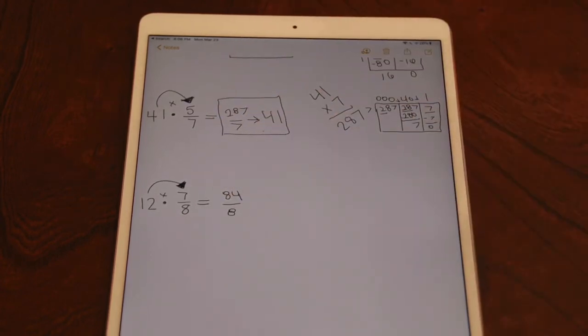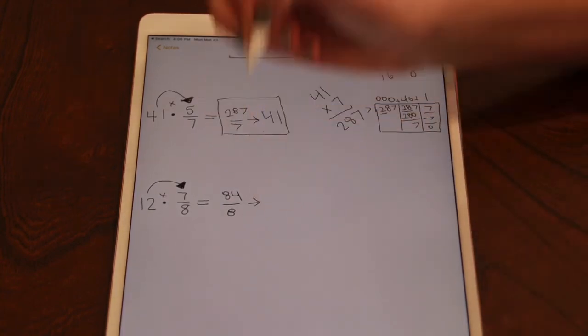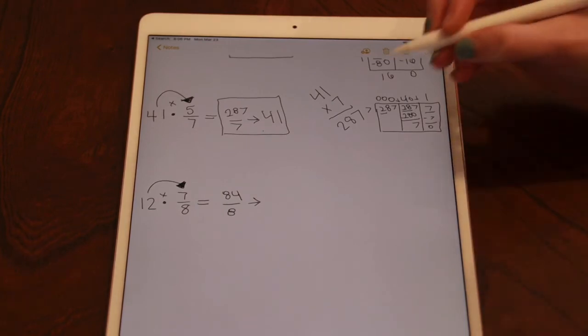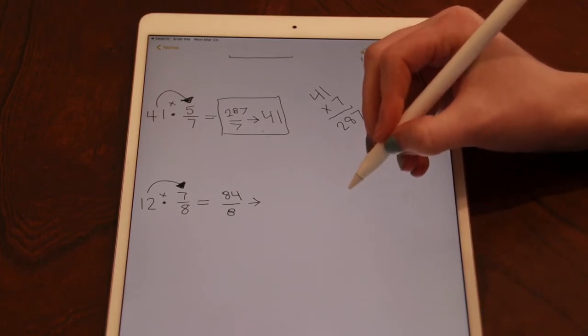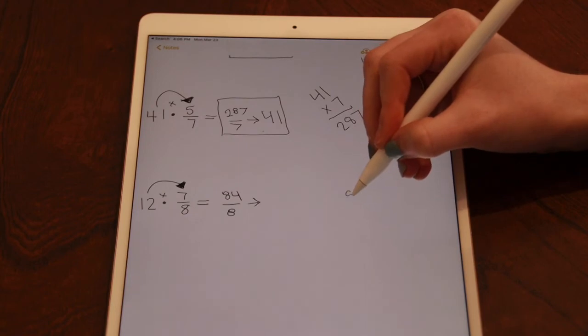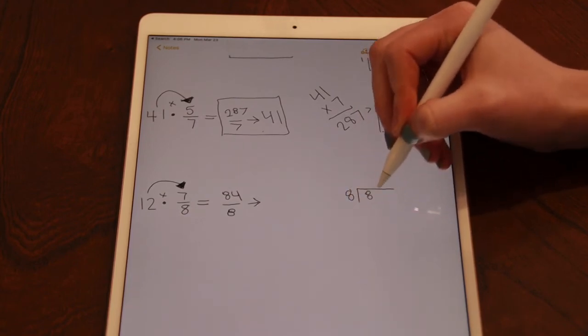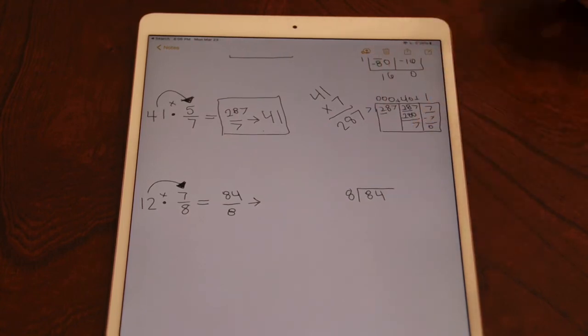Okay, so I need to do division because I need to change this improper fraction to a mixed number. So I come over here and I'm going to do it the way where we work upwards, the place value way.